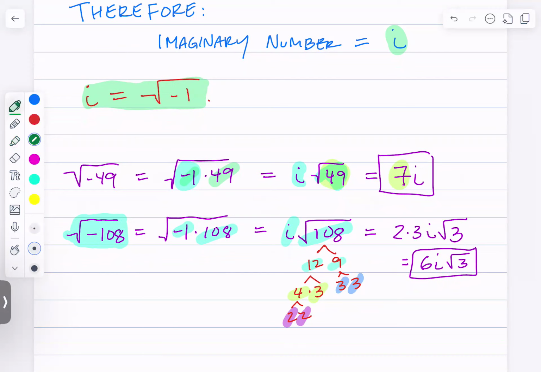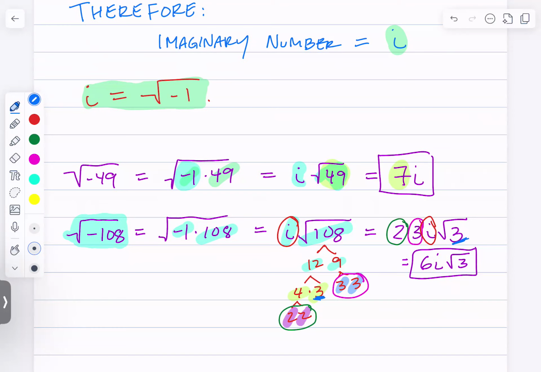I have a pair of 2s that come out right here, I have a pair of 3s that come out right here, and I still have this i that traveled. And then what's left over inside is this 3, which is still inside of my square root.